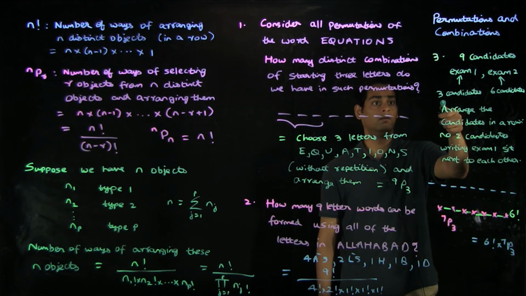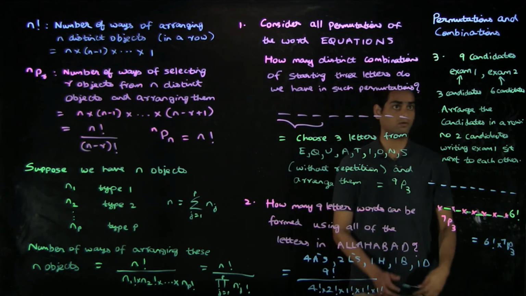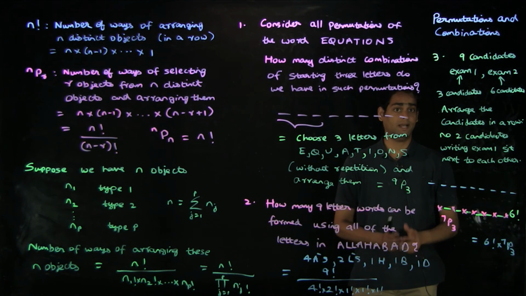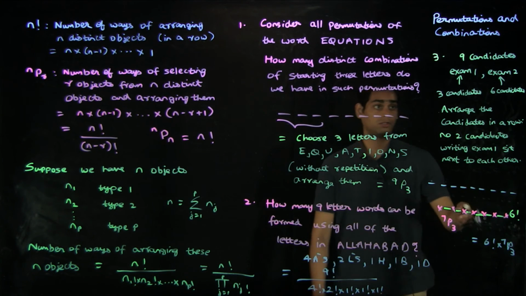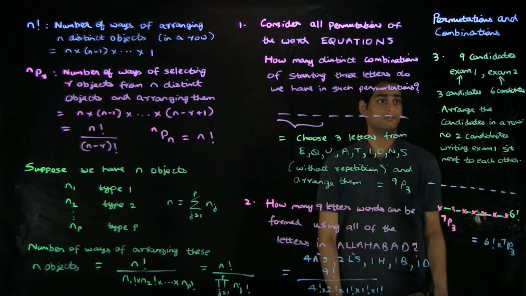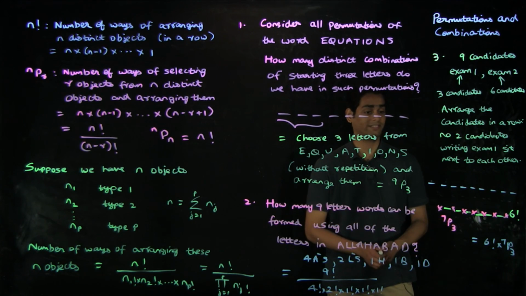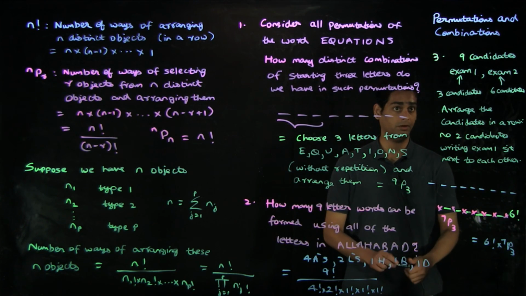There are more than 4 candidates who are writing exam 2, and only 3 candidates who are writing exam 1, so you cannot arrange these candidates in a row so that no 2 candidates who are writing exam 2 sit next to each other. It's only possible in this case to arrange the candidates so that no 2 candidates who are writing exam 1 sit next to each other, and the number of ways of doing that is 6 factorial times 7p3.